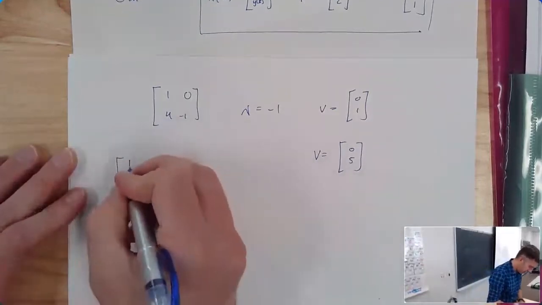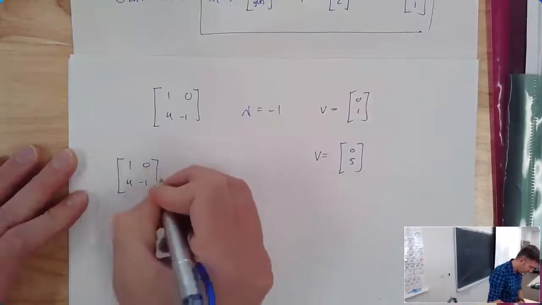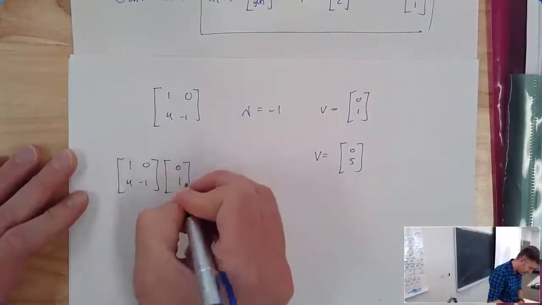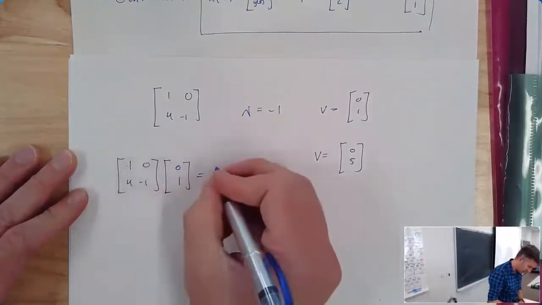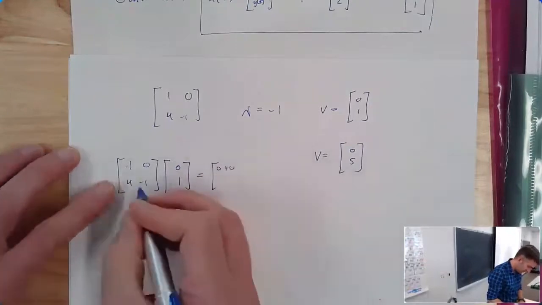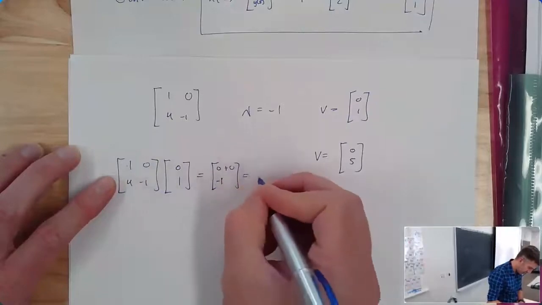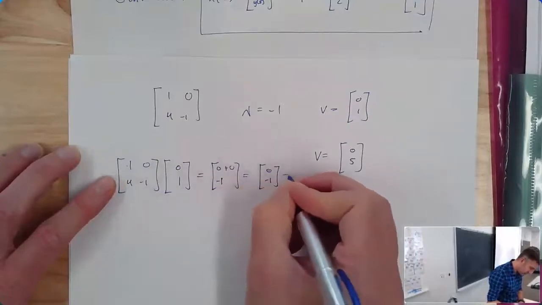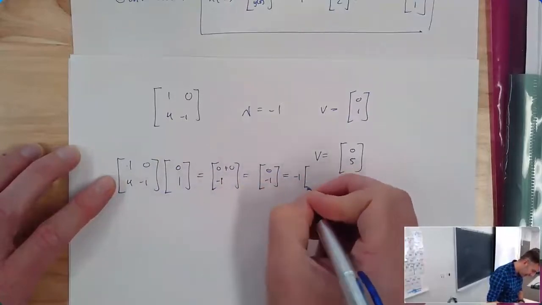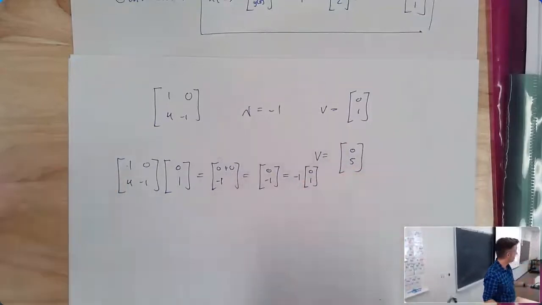If we do 1, 0, 4, -1 times my eigenvector, I get back 1 times 0 plus 0 times 1, and then 4 times 0 plus -1 times 1, which is 0, -1, which is indeed -1 times my eigenvector. As it should be.